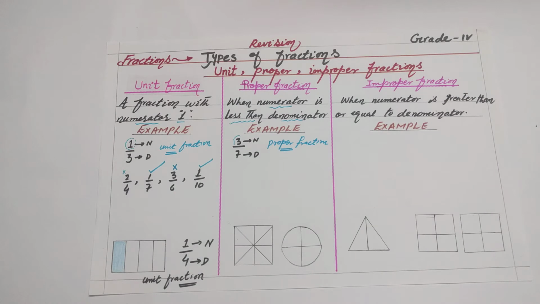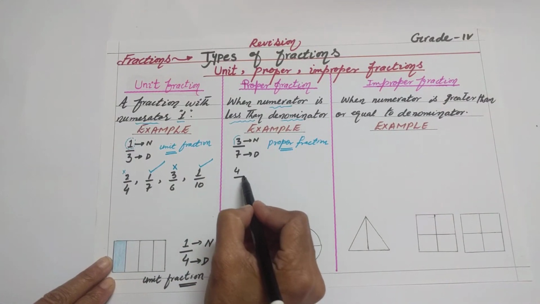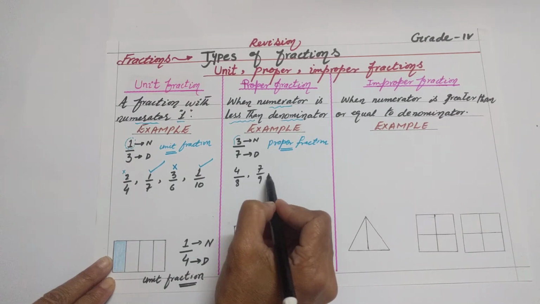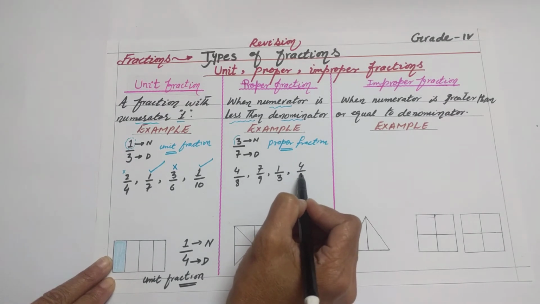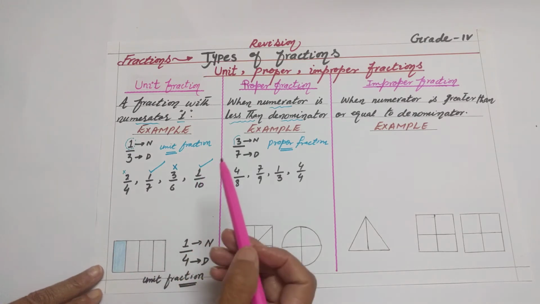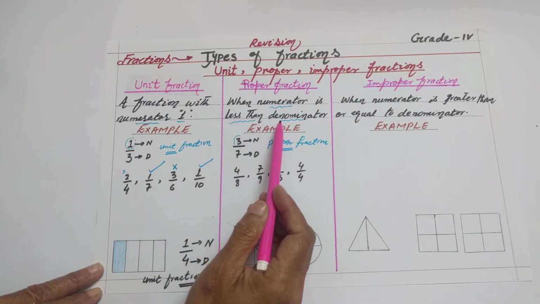Clear? Now I will write some more examples and we will choose the proper fractions. For example, 4 by 8, 7 by 9, 1 by 3, 4 by 4. From all these fractions, I have to choose the proper fraction. So what is the condition for a proper fraction? Numerator should be less than denominator.